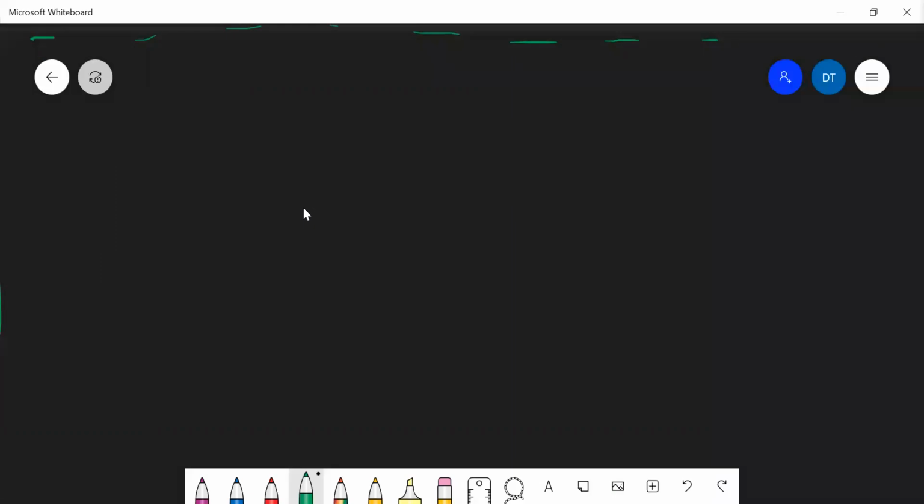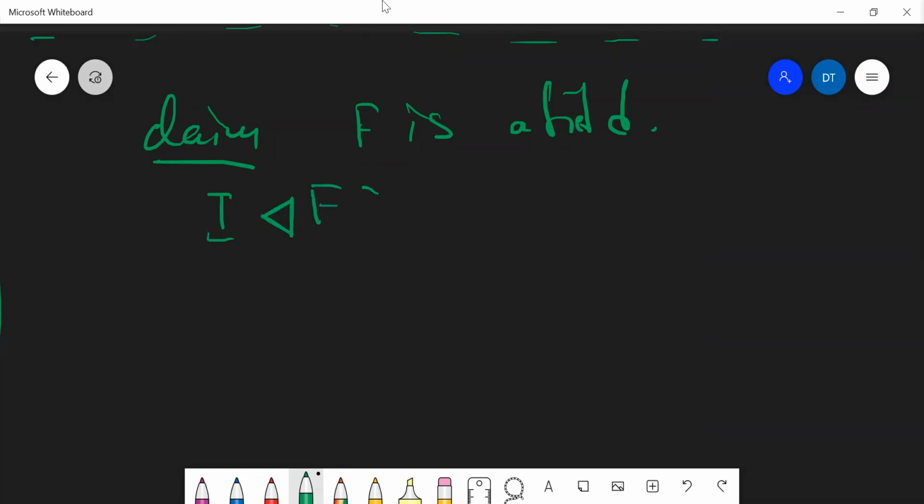Well, first of all, the claim number one. Let's discuss the ideals of this polynomial ring. Suppose F is a field and I is an ideal of this polynomial ring.